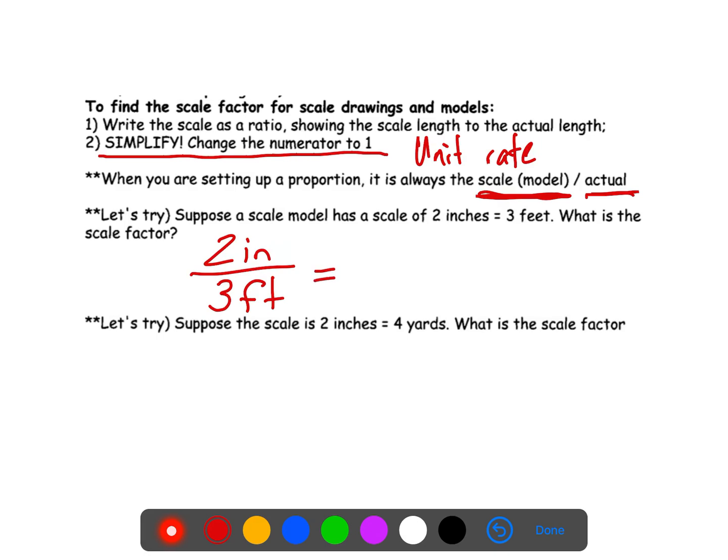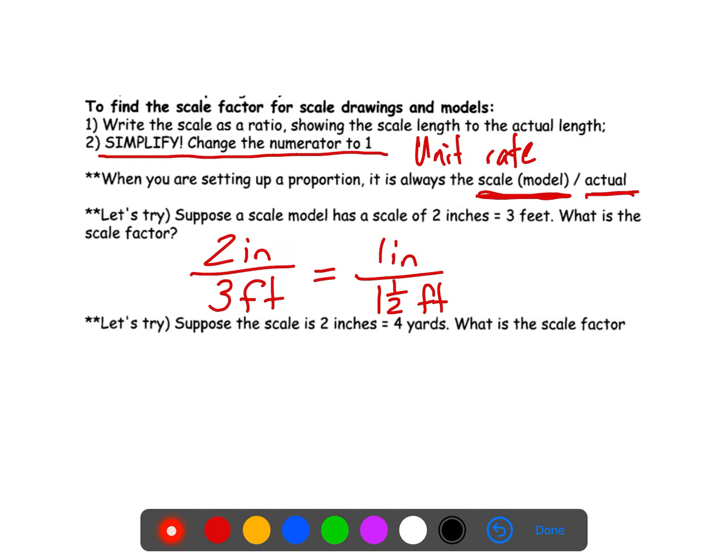So I want a unit rate showing what 1 inch is equivalent to. Because I'm getting half the length in the scale drawing, I'm going to get half of the length in the actual item that we're talking about. So that would become 1 1/2 feet, or 1.5 feet.